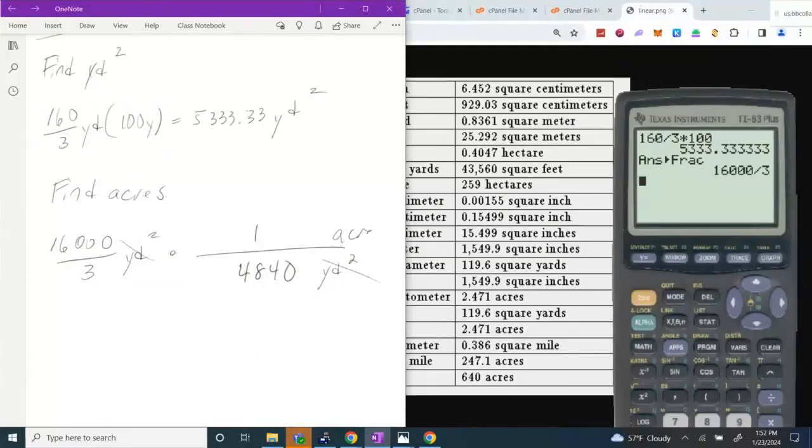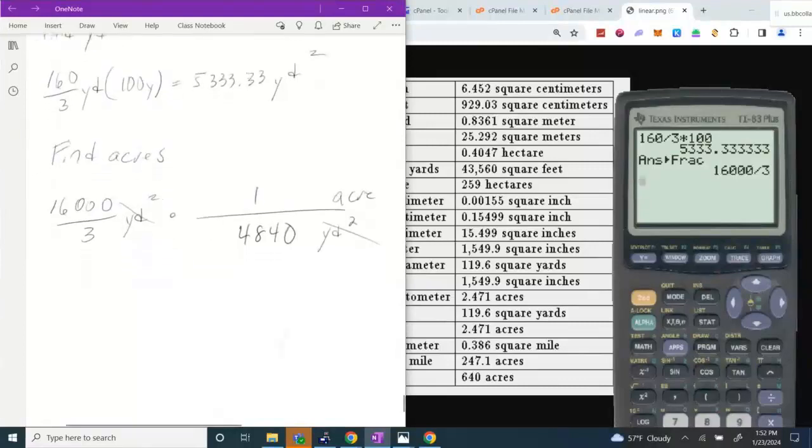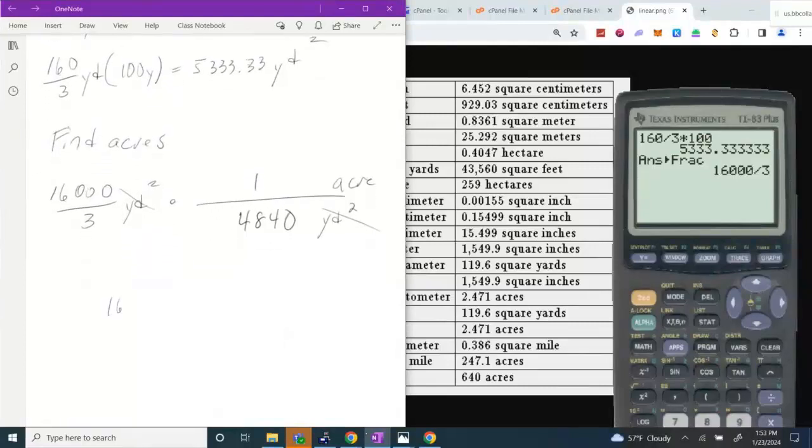I'm going to multiply my numerators. So I get 16,000 acres. I'm going to multiply my denominators, 3 times 4,840.